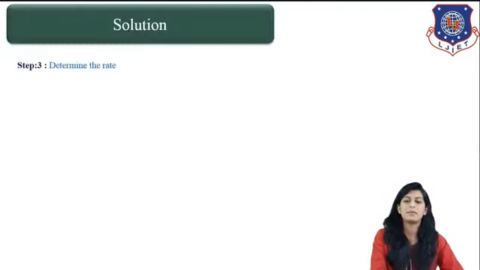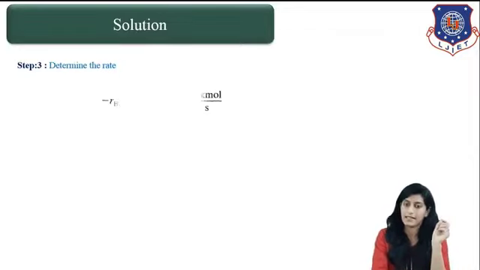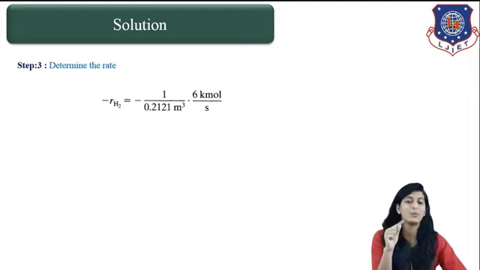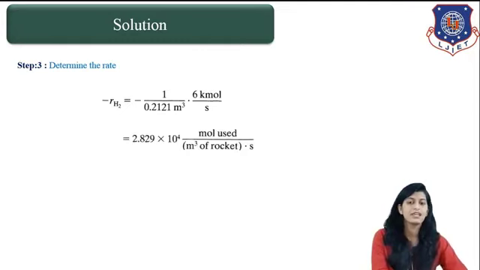The last step, step number 3, is to determine the rate. Now we will simply substitute those values here. So it will be 1 by 0.212 meter cube, which is the volume, into 6 kilomole per second. The answer will be 2.829 into 10 raised to 4 moles used per meter cube of reactor volume into second.